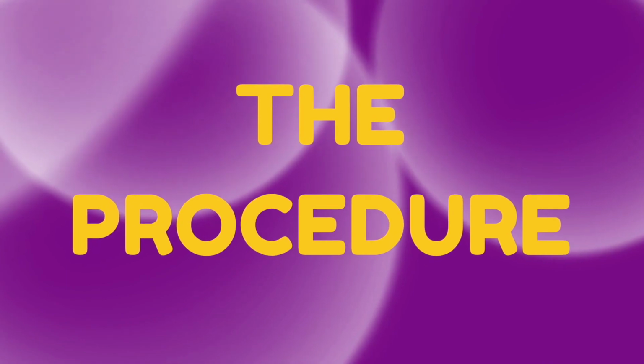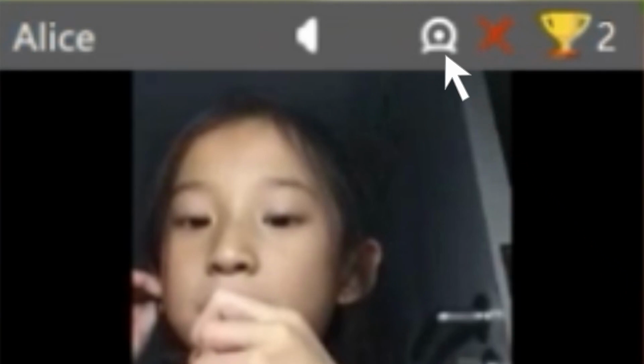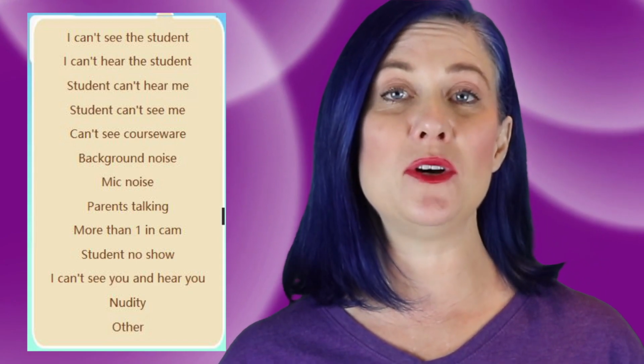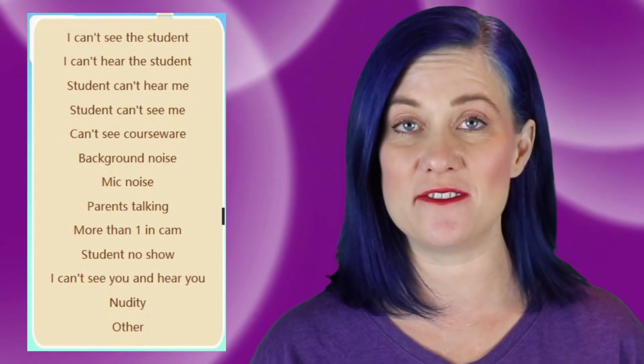So how do we turn off the camera? If you notice any of the misbehaviors or distractions that we've talked about, or some that you think might be distracting but we haven't talked about, turn off the student's camera by clicking the camera icon on the student's video screen, and then report the problem. It's a good idea to be familiar with the report screen ahead of time.